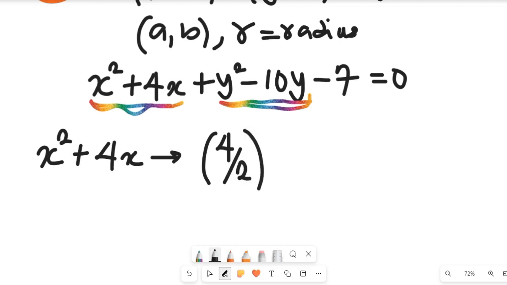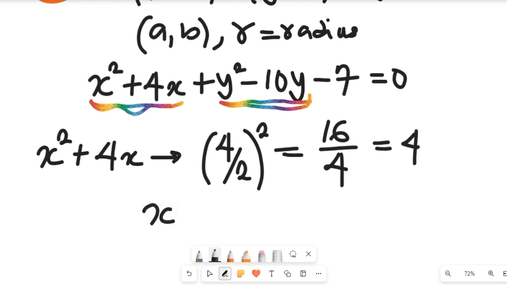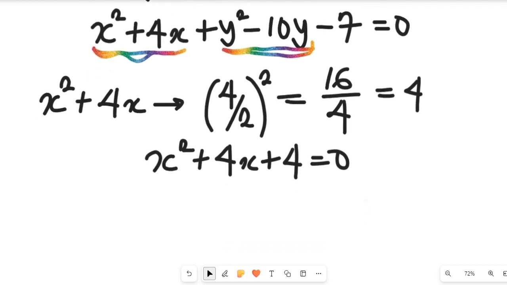So if we take the square of half the coefficient of x, this will be 4 divided by 2, which is 2, and 2 squared is 4. Now, to complete that expression, that means the expression will now be x squared plus 4x plus 4, and this will be equal to 0. So that is that for that expression.